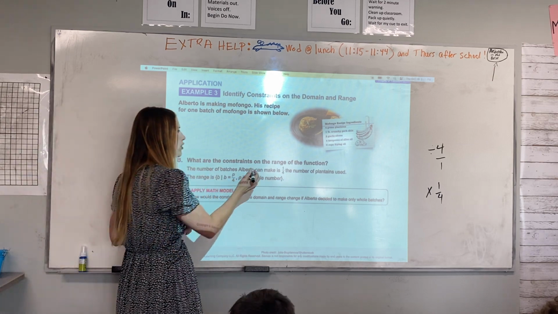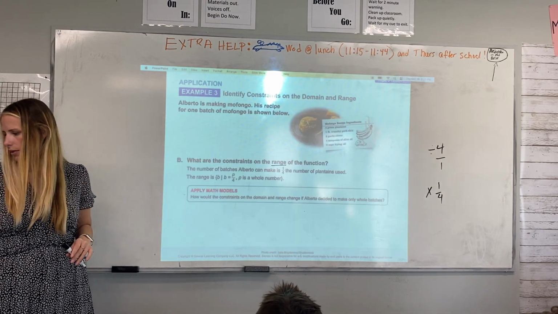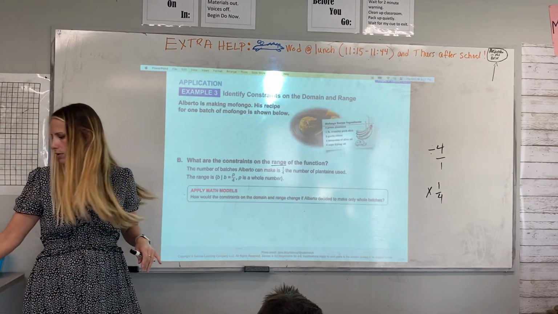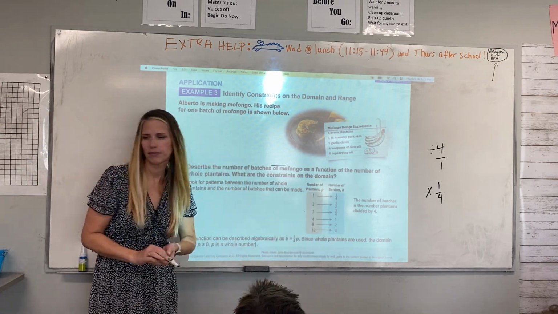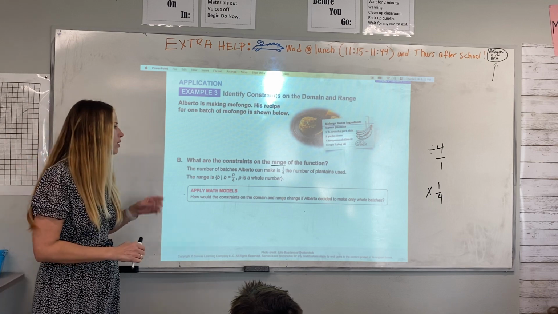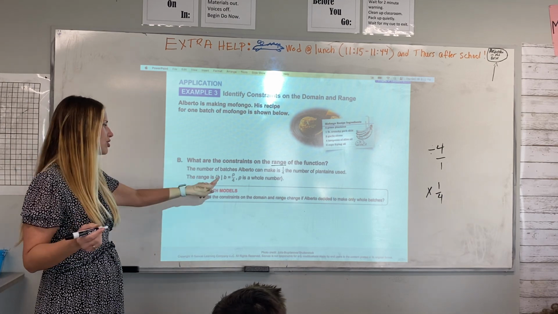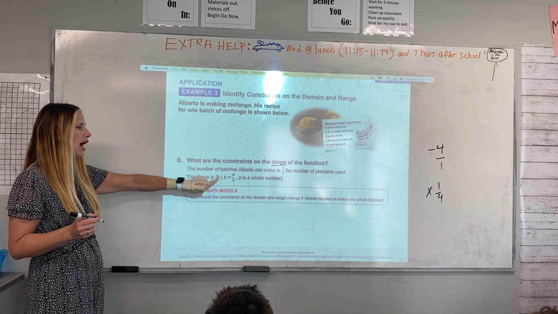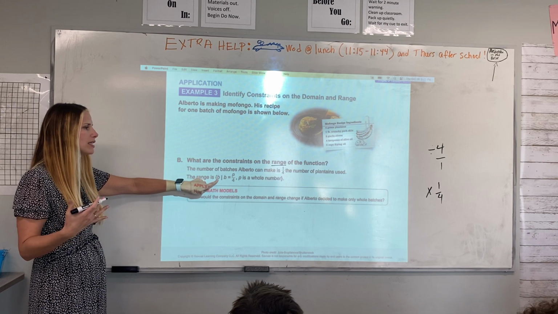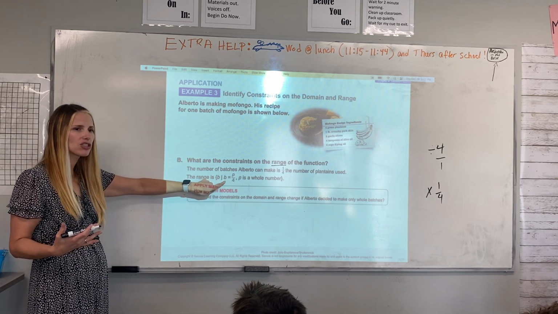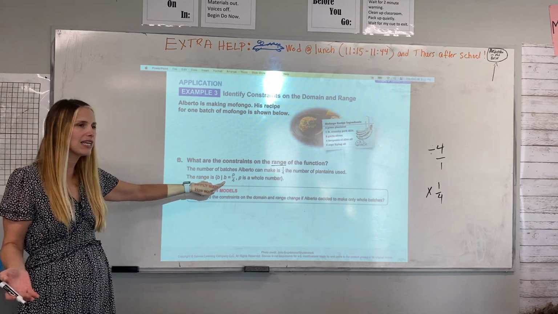So now we're talking about range, the y values, okay? Now remember, these are the y values over here. So the range, which is our number of batches, right? We're identifying the number of batches. In order to get the number of batches, it depends on however many plantains you have.